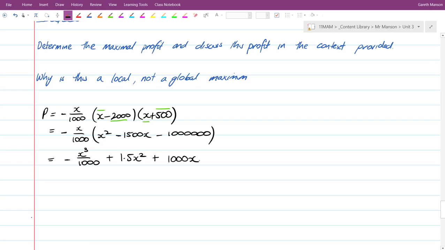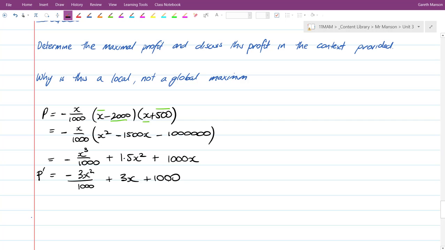And you will probably, for a question like this, have one of these, so you can use that. And then I'm going to derive that and find when the derivative equals 0. So I'm going to determine p dash, which is negative 3x squared over 1000 plus 3x plus 1000.